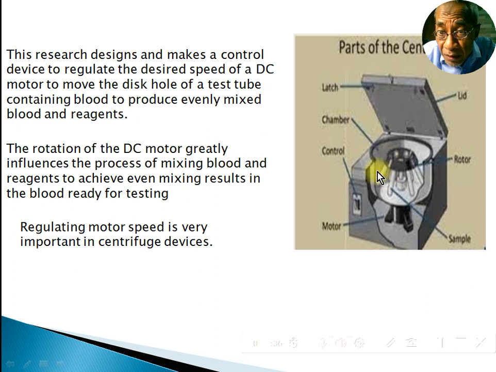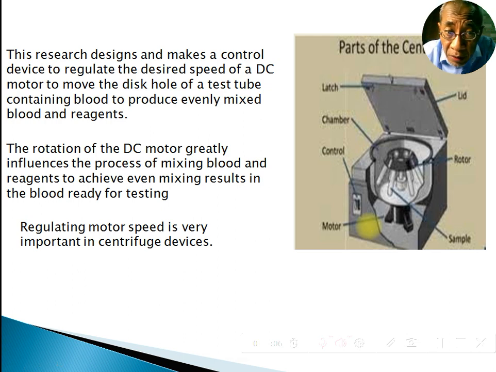These are the parts of the centrifuge: the motor, this hole. The rotation of the DC motor greatly influences the process of mixing blood and reagents to achieve even mixing, resulting in blood ready for testing.